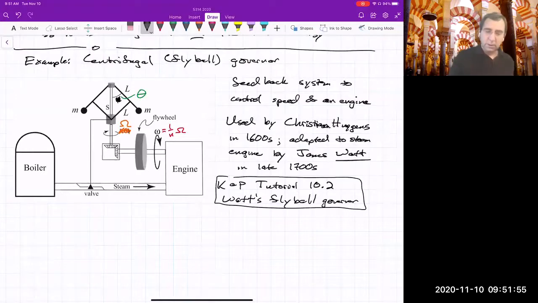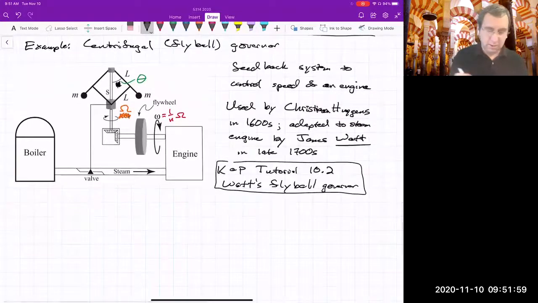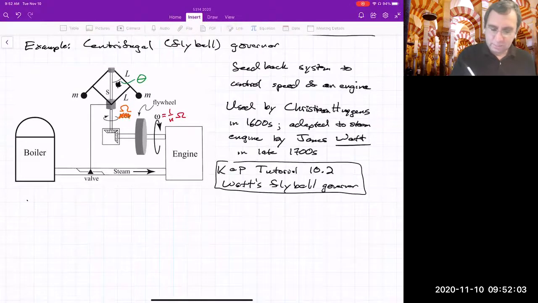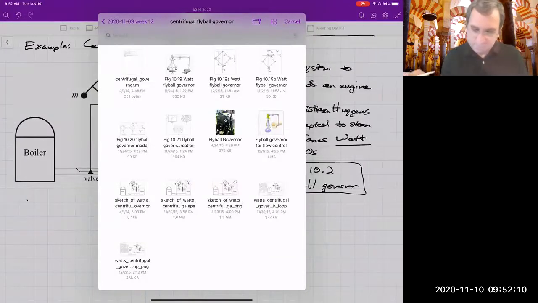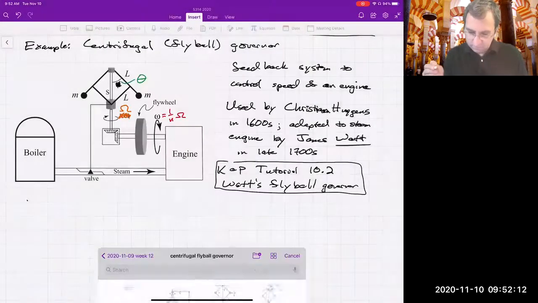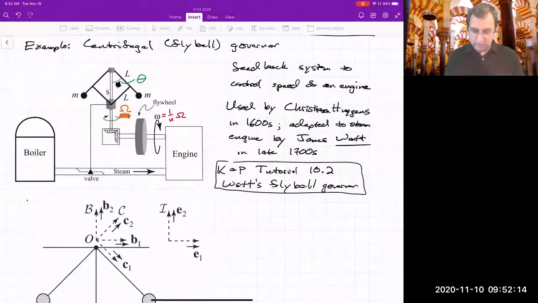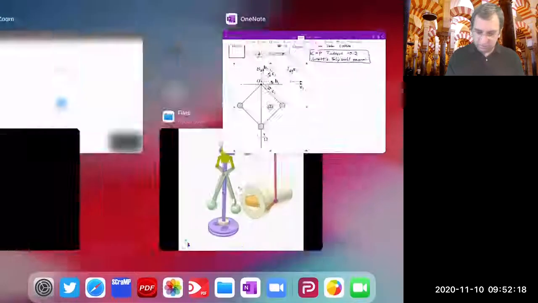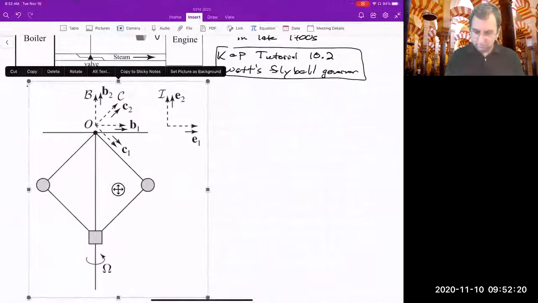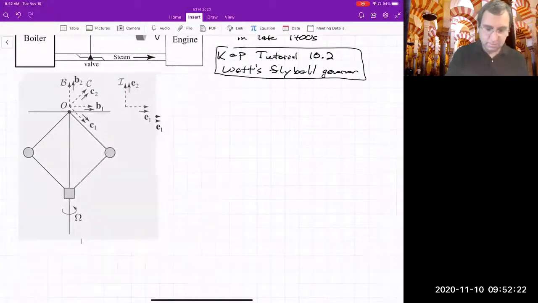All right, so we can model this. So let's do it. Let's get a schematic. This is a schematic from that Kasdan and Paley tutorial. Okay, so here's our situation.